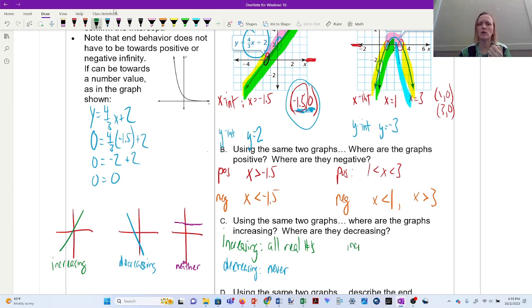This graph is increasing up until that peak point, and that peak point happens at x equals 2. So when x is less than 2, the graph is increasing. And then when x is greater than 2, the graph is decreasing here on this side of the curve. And right at 2, the graph is neither increasing nor decreasing, because the graph is level at that point.